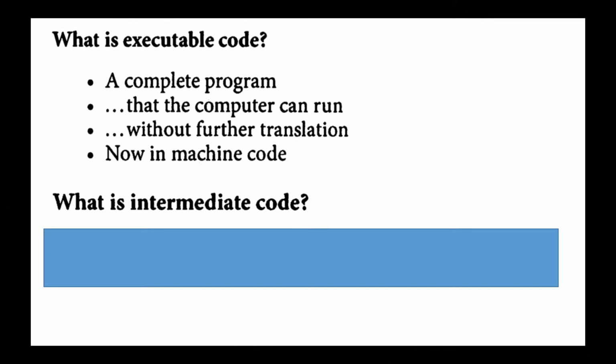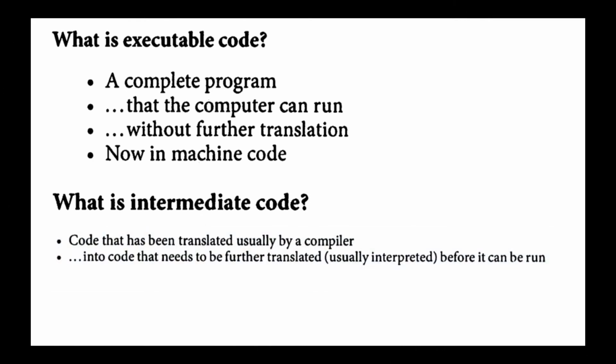Then intermediate code has been translated, usually by a compiler, into code that needs to be further translated, usually interpreted, before it can be run. That should be about 2 marks, so they're both 2 marks.